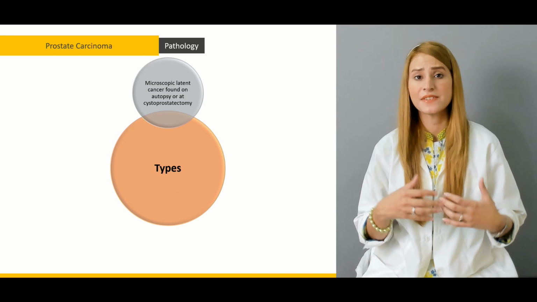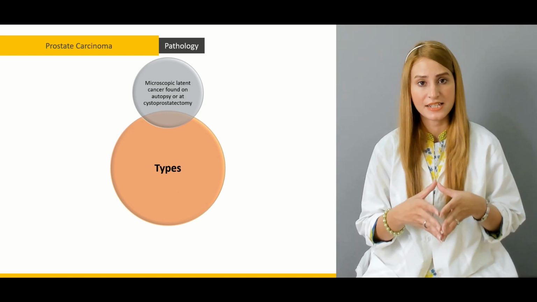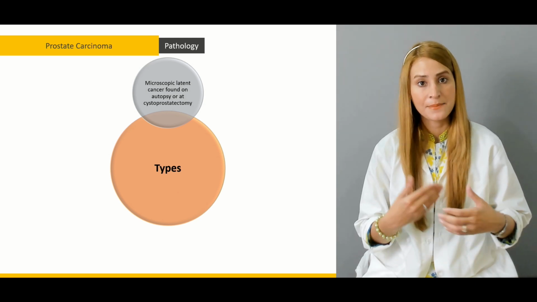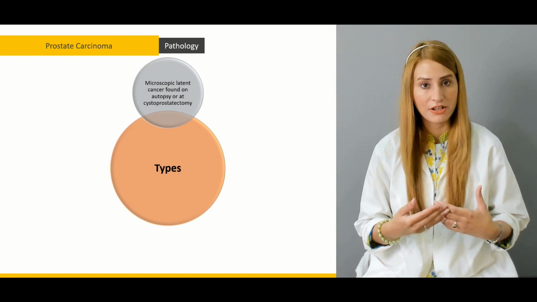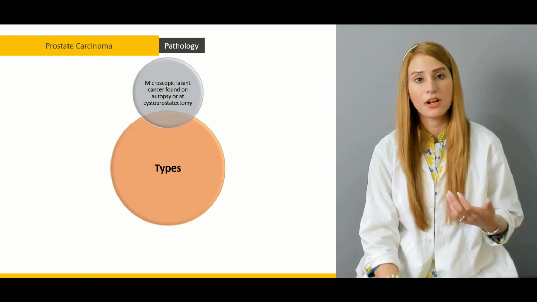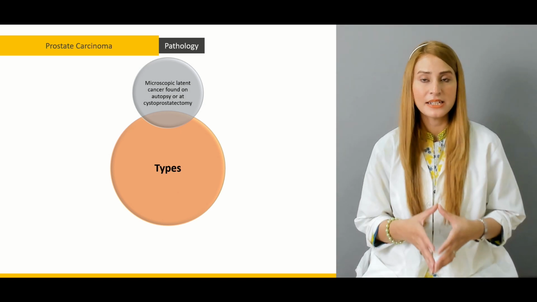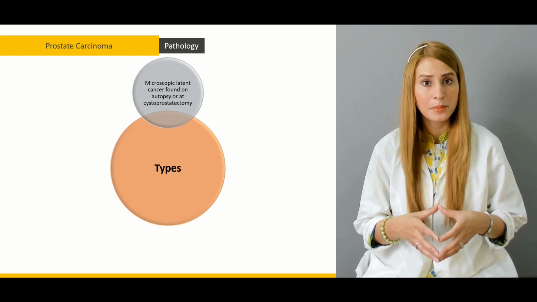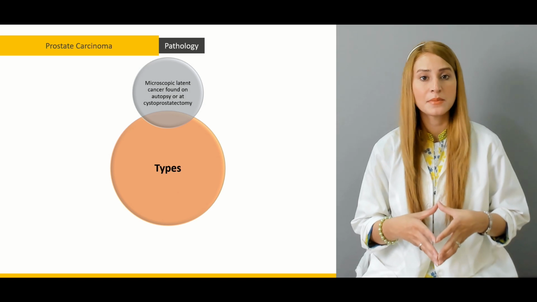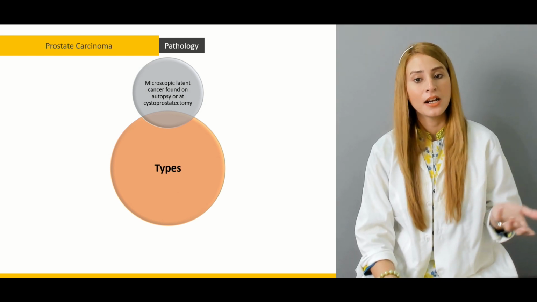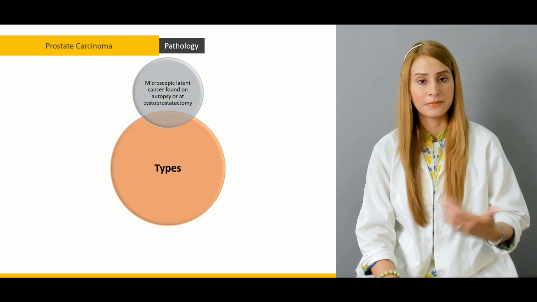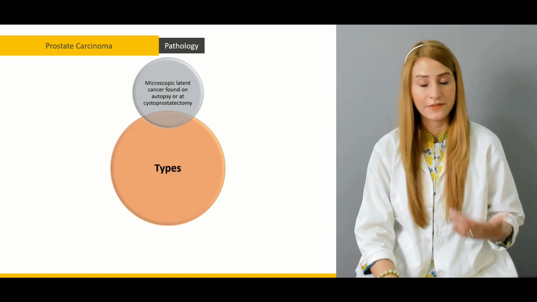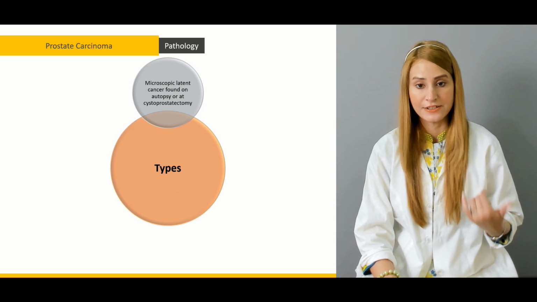Most of the time, because of the glandular appearance of the prostatic organ, the carcinoma is an adenocarcinoma. Some prostatic cancers are very small in number, the patient remains symptomless, and you incidentally find that there is a prostatic cancer. The patient will not be symptomatic if the cancer is in the earlier stage.